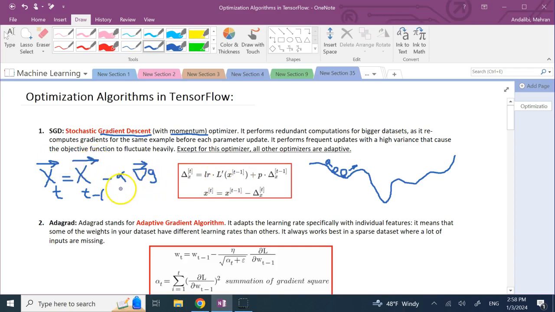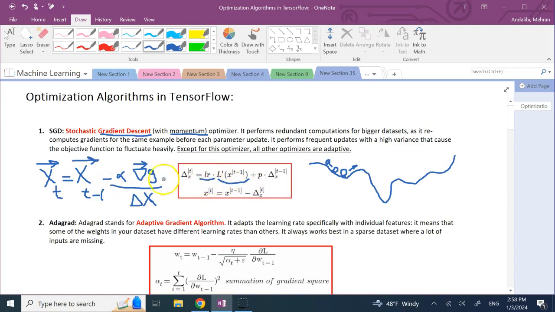This is what you might call delta x. That delta x was simply a constant learning rate times a gradient. Now we say no, it's not as simple as you think. It comes from the gradient times the learning rate.